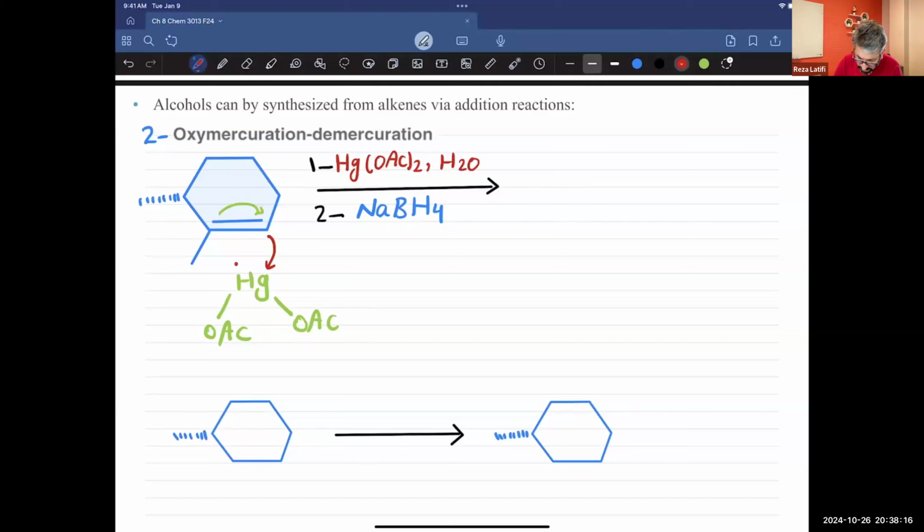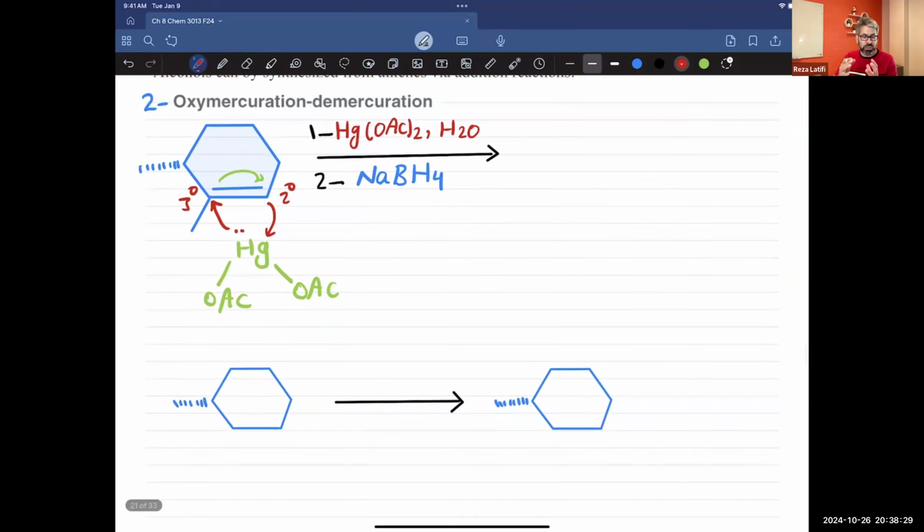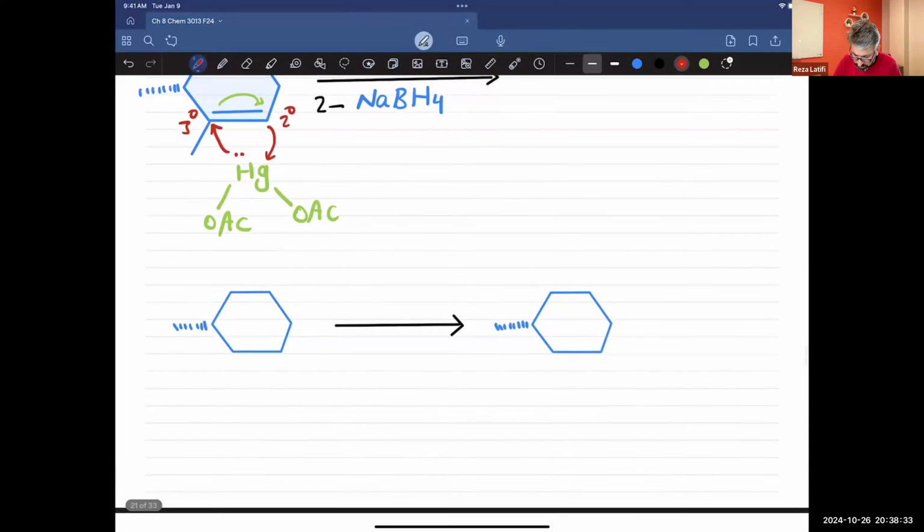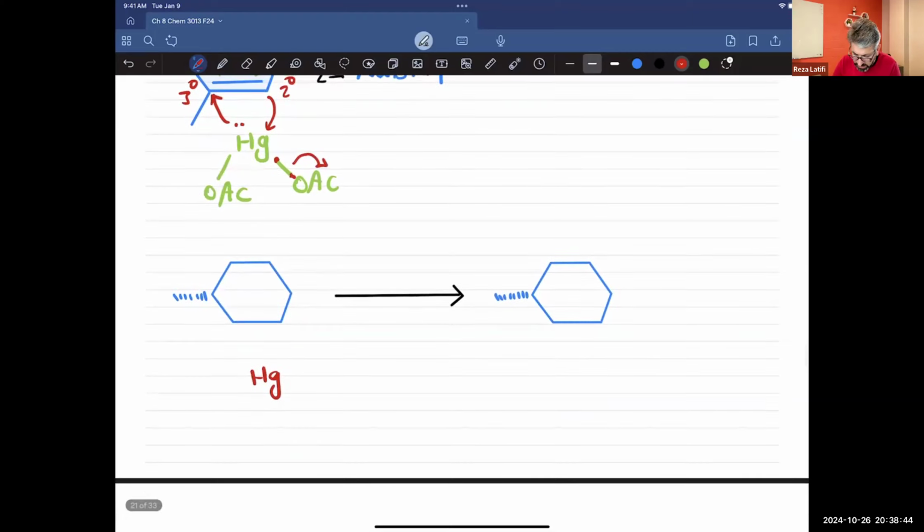And mercury, because it has two electrons here, at the same time will attack the tertiary carbon. So we have a secondary and a tertiary carbon. Now, let's add mercury from the bottom of the molecule. If we add mercury from the bottom, we'll have mercury here. While mercury is adding, one of these OAc will take those two electrons and leave the system. So I'm going to get this.